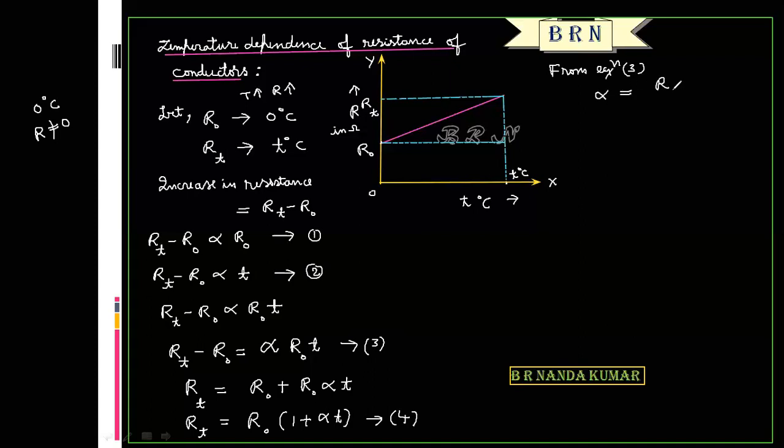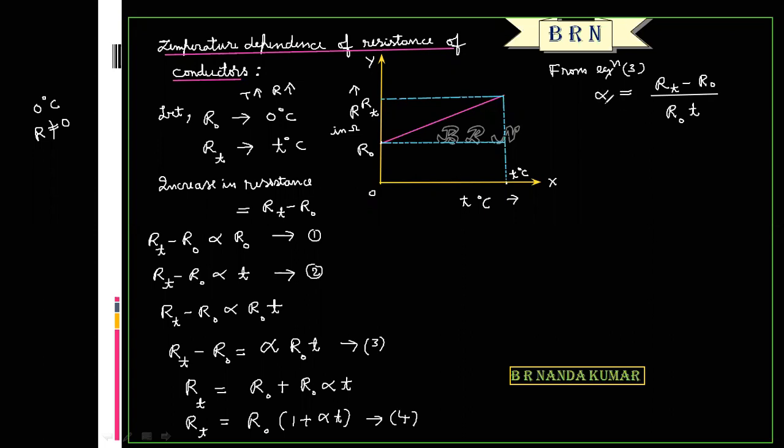Alpha is (R_t minus R naught) divided by (R naught into t). So now we can easily define the meaning of temperature coefficient.